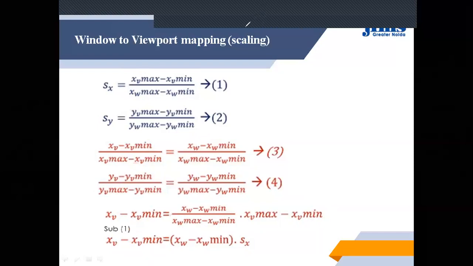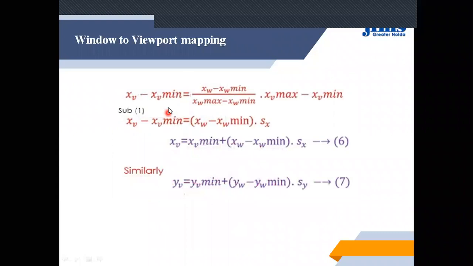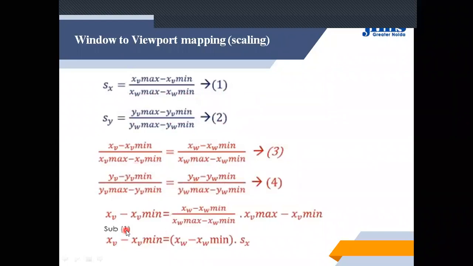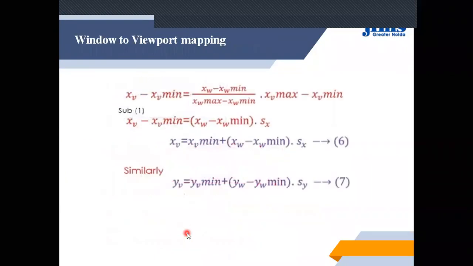So in the next slide we will see this, that now I am shifting this. I wrote this equation again so that it will be more clear to you. We came to this, so this is xv minus xv min equals this one, and when I shift over here, then xv equals xv min plus xw minus xw min into sx.